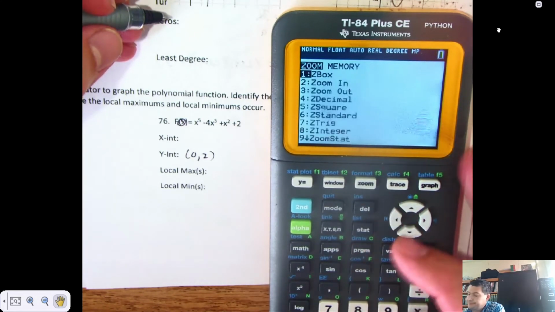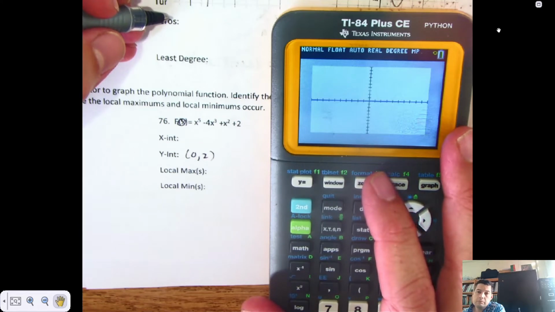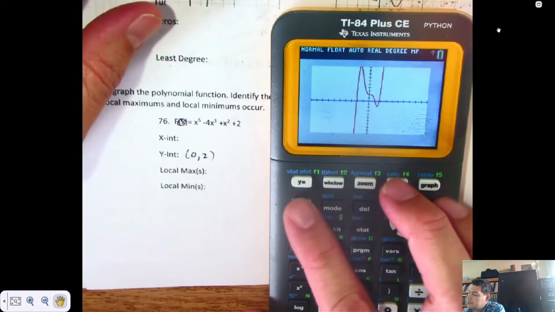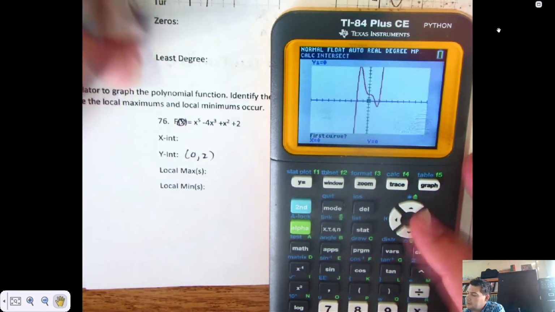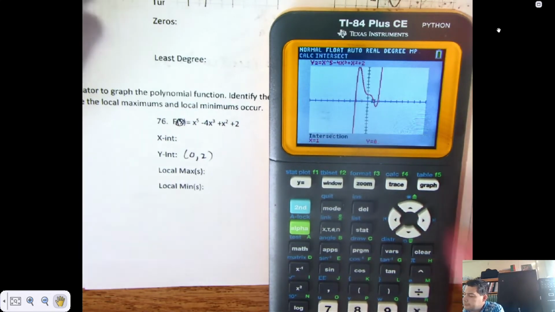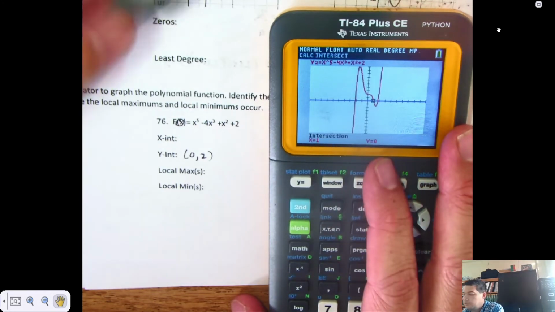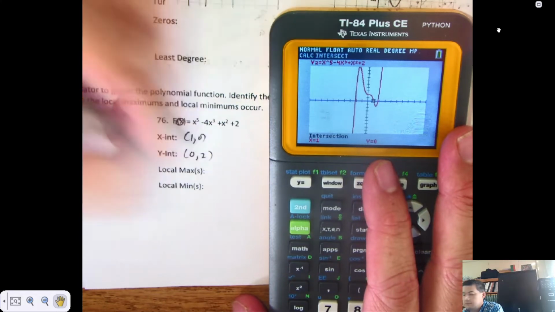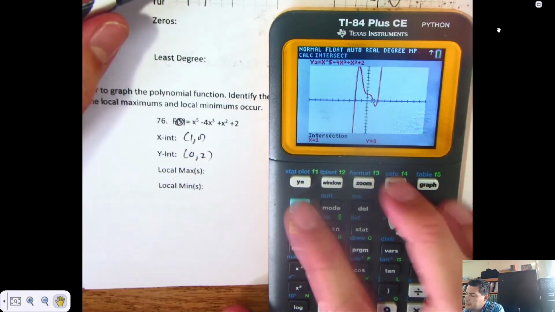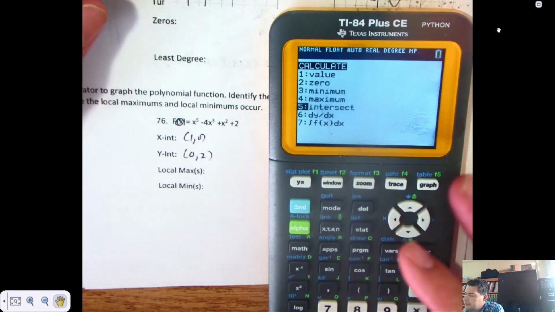Zoom 6 it. Kind of a funny looking polynomial. We have 3 x-intercepts. Second trace 5. Get close. Enter 3 times. Enter, enter, enter. There was one of them. 1, 0. Second trace 5 for my intersect again.